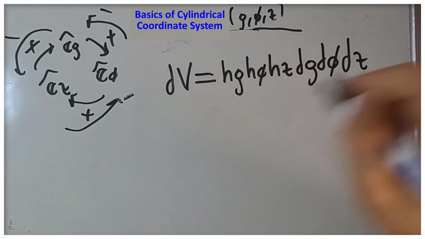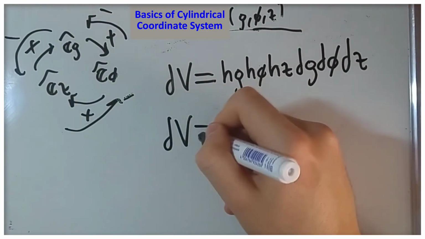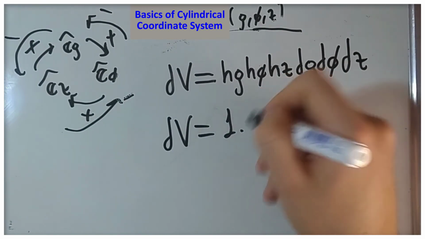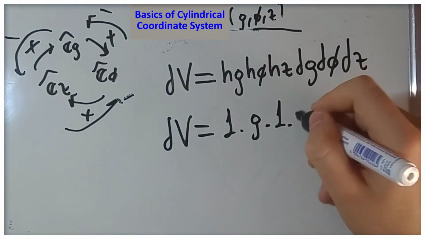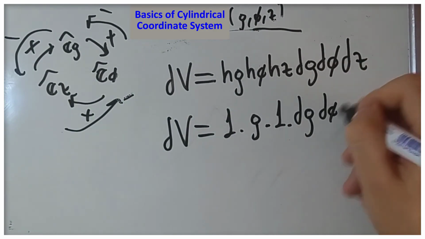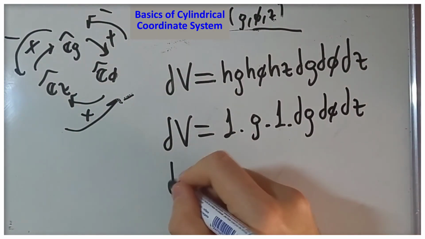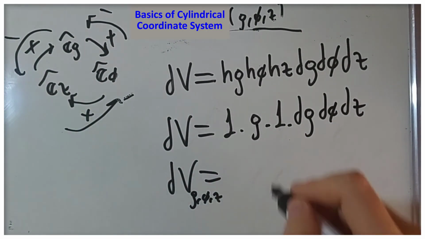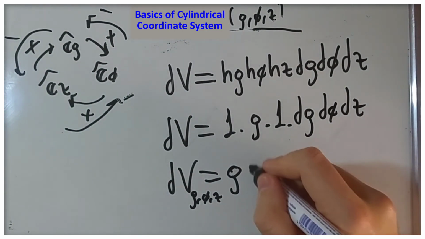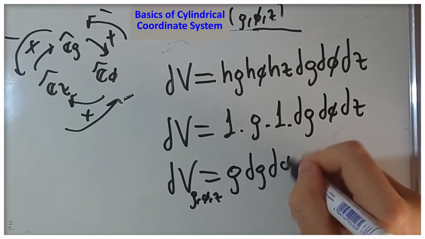Then dv, what happens, guys? H rho, h phi equal to rho, hz, d rho, d phi, dz. So what happens as a result? dv for rho phi z is rho times d rho, d phi, and dz this way.